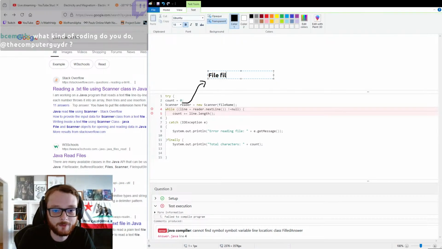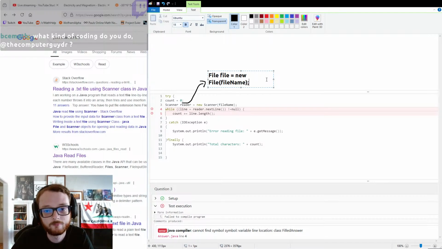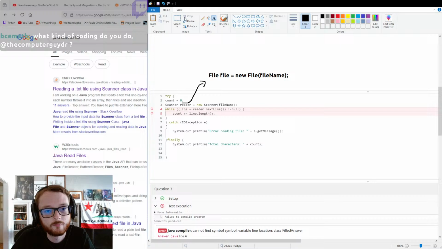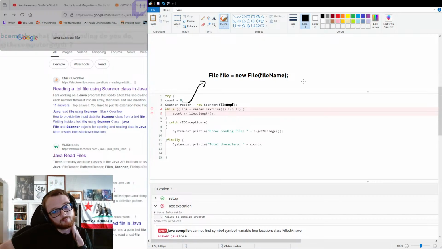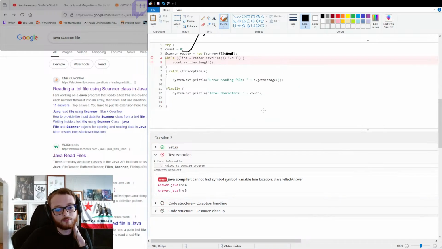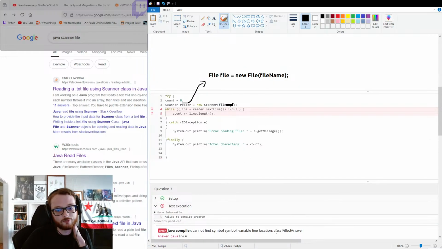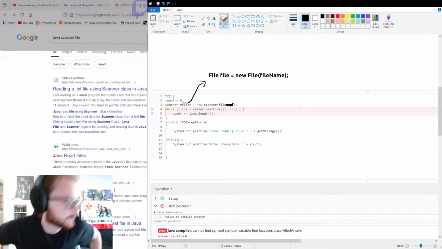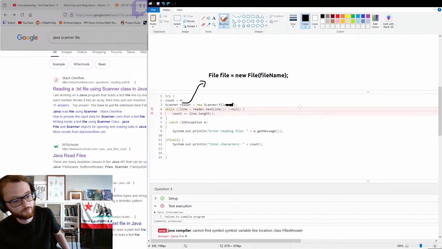You need something like file equals new file name. And then down here you need to make the scanner take file as its input. Because the error code is saying that it's not finding the method that we're calling with next line in length. And it means that we're setting this up wrong. Like we're not making our objects correctly.